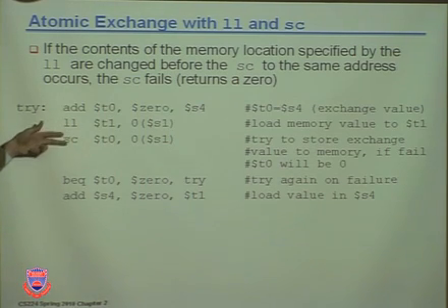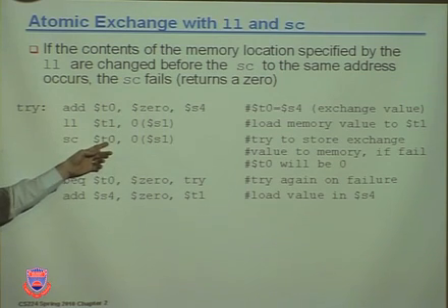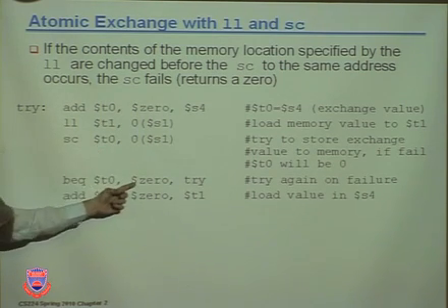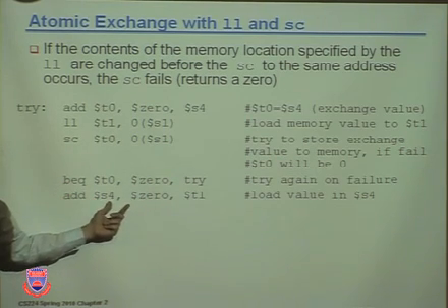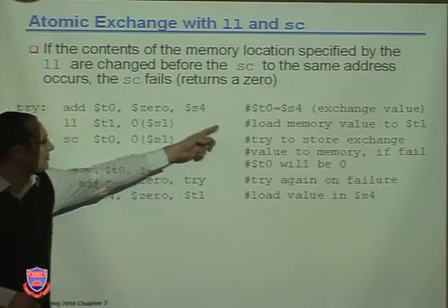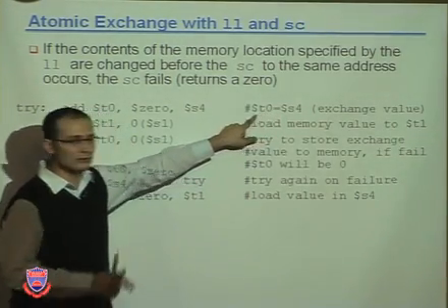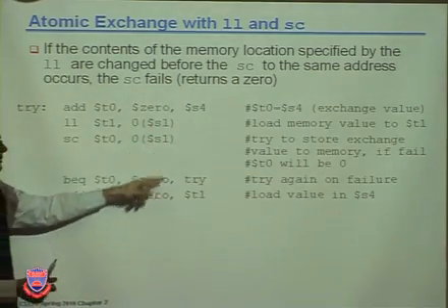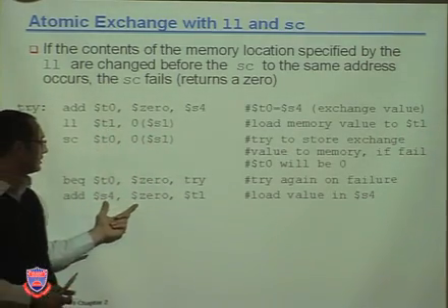And if nothing happens, this will run correctly and you will have a value in T0 other than 0, which will skip the branch and then swap the value of S4 with T1. If you remember, we just copied the value from S4 to T0, moved it into memory, and now we have the value that's just loaded into T1 and we can copy it into S4.